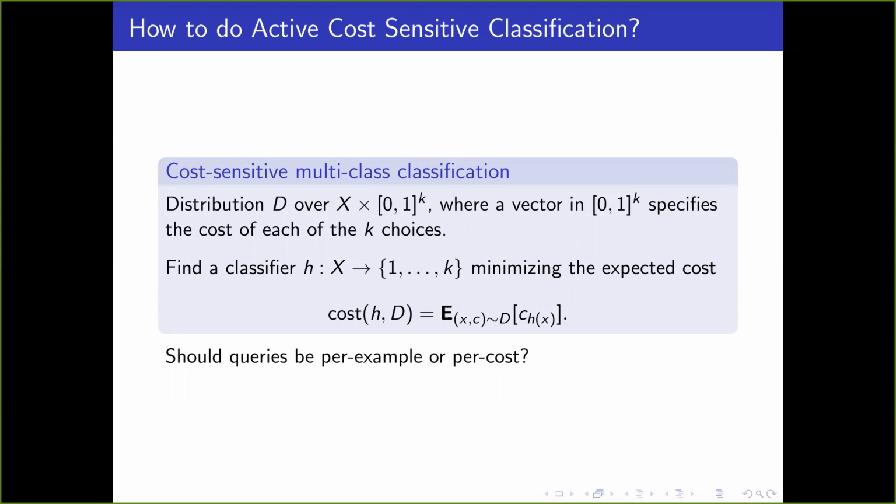Well, previously, when we were doing active learning, we would query for the entire label for that example. So that would mean per example. If we ask for a full label, that would be a per example method, so you get the entire cost vector. On the other hand, maybe you don't need all the costs. Maybe you can get by with only a few of the costs.